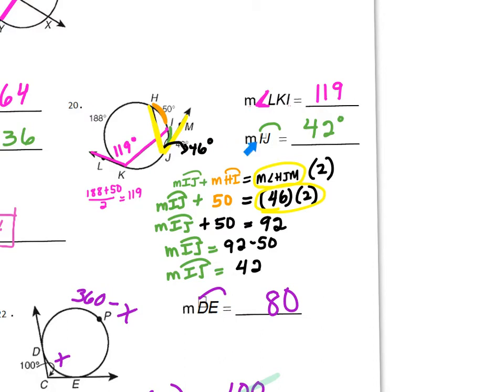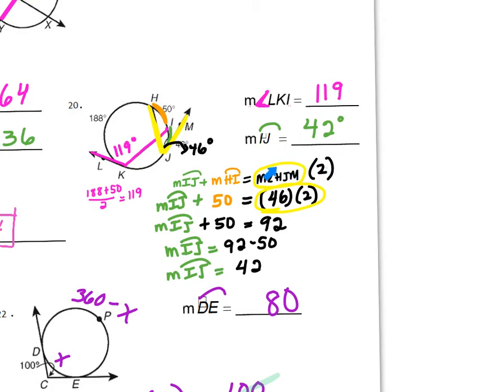For arc IJ, IJ is this piece here. Now, I'm going to use the angle that's in yellow, which they told me was 46. But that angle, if I were to multiply that number by 2, it gives me the green arc and the orange arc put together. So my green arc plus my orange arc equals my yellow angle if I multiply by 2.